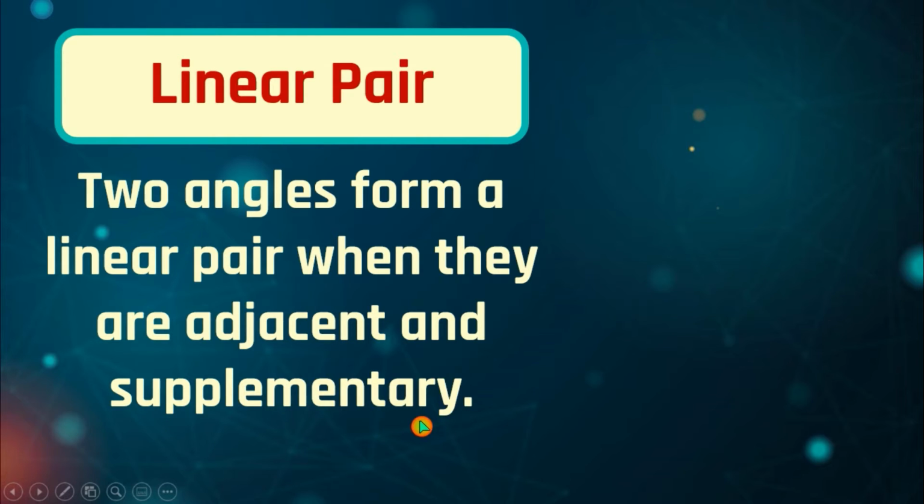Plus supplementary pa sila. So ibig sabihin they form supplementary angles. Dapat pag pinag-plus natin yung dalawang angles na yon, dapat ay equal sa 180 degrees. Or kung wala man na measure na ibinigay, malalaman mo naman kung linear pair siya kasi from the word itself, it forms a line.